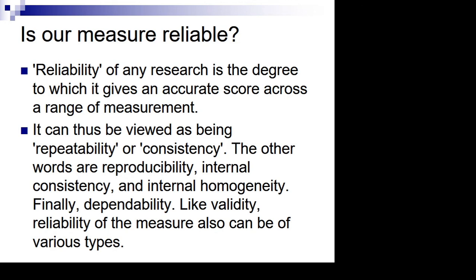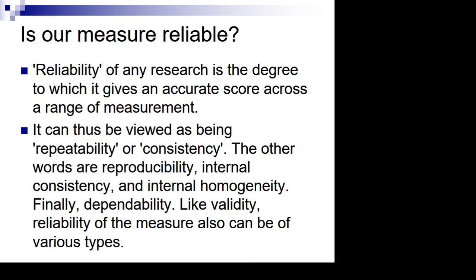Or can it repeatedly measure what it is supposed to measure? In other words, can it reproduce the same result? So this is also called internal consistency. This reliability is also referred to as internal homogeneity. And finally, it can also be called dependability.